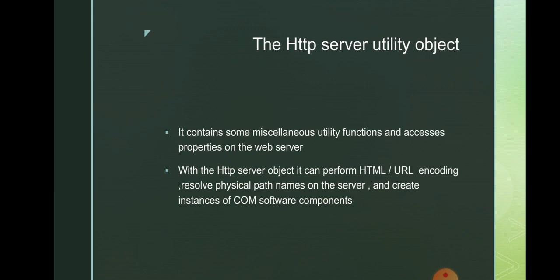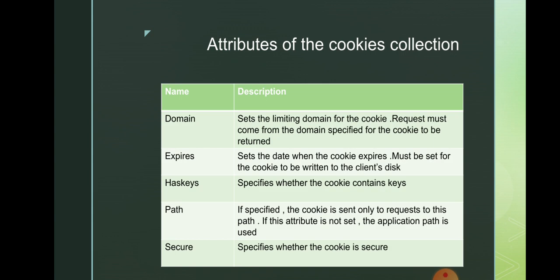It also helps to access the properties on the web server. It helps to perform HTML URL encoding, resolve the physical path names on the server, create an instance of component object model software components, and also helps to create objects for the components.